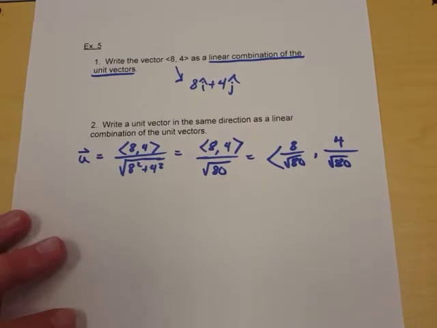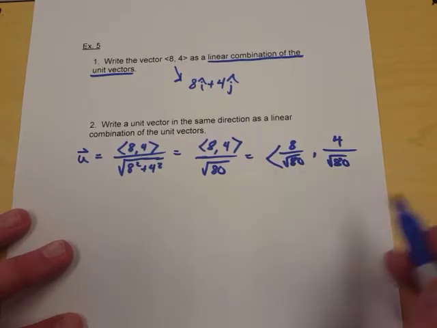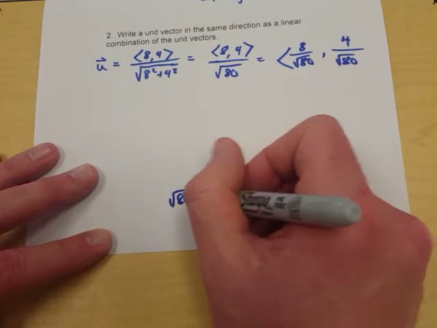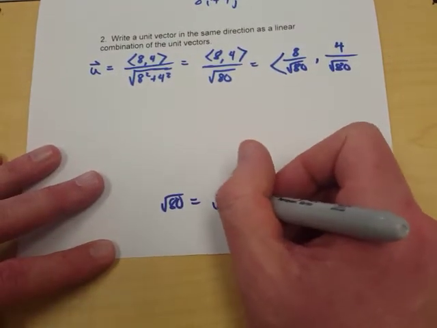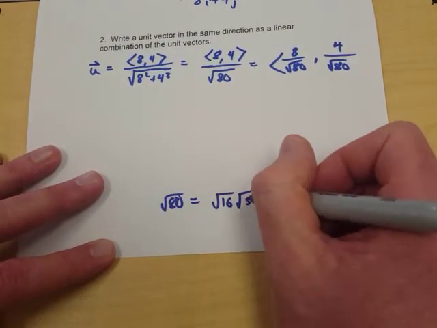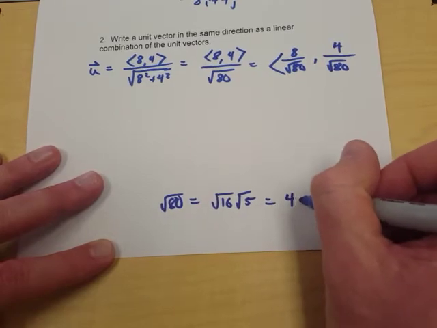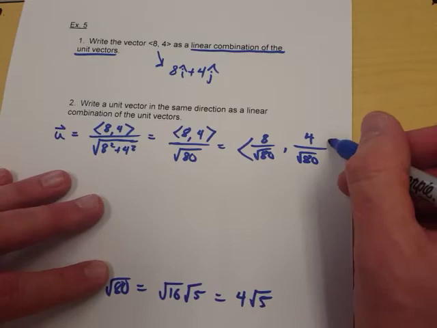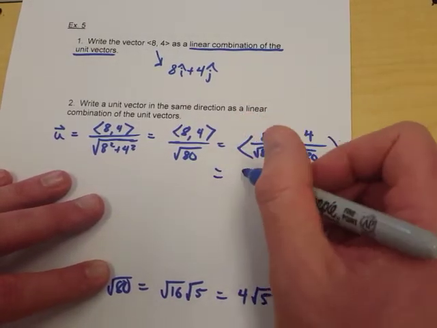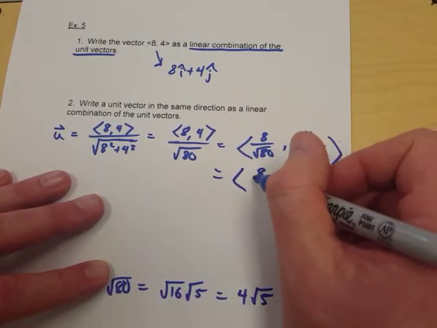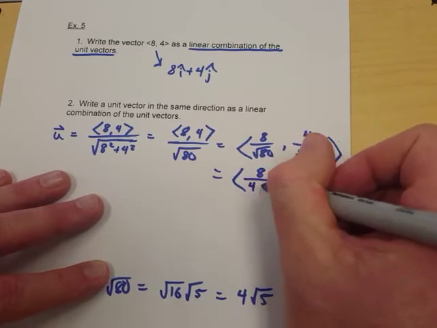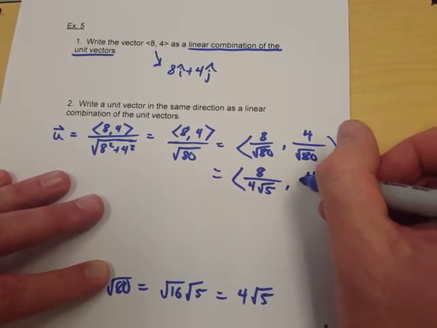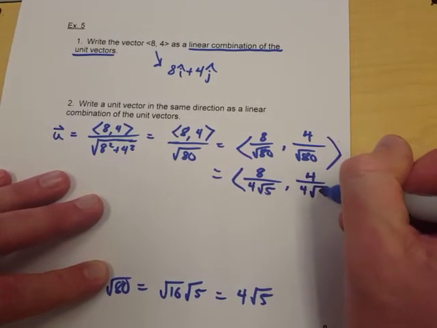And one thing that's important to note is that square root of 80, just as a side problem down here, if we simplify that, that is going to be square root of 16 times square root of 5, and so that's 4 square root of 5 as a simplified version of that. So I'm just going to rewrite this again. So that's 8 over 4 square root of 5, and then 4 over 4 square root of 5.